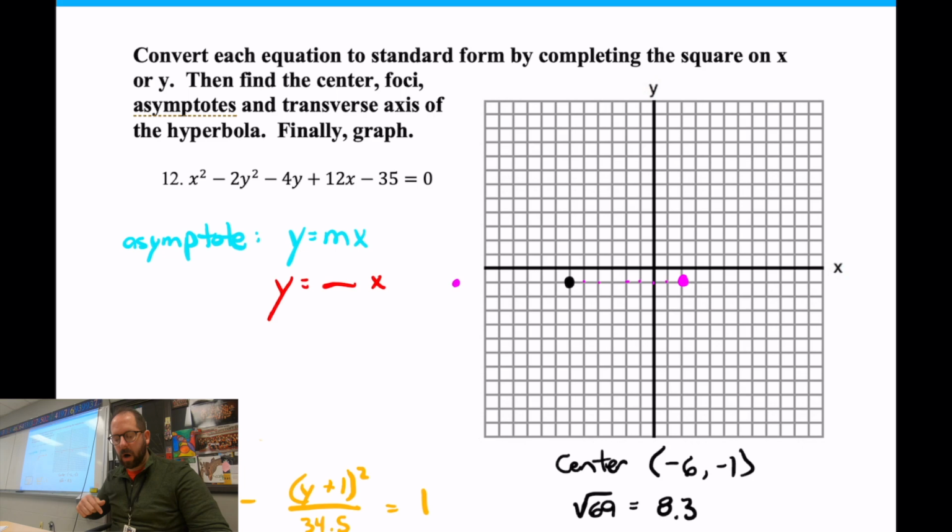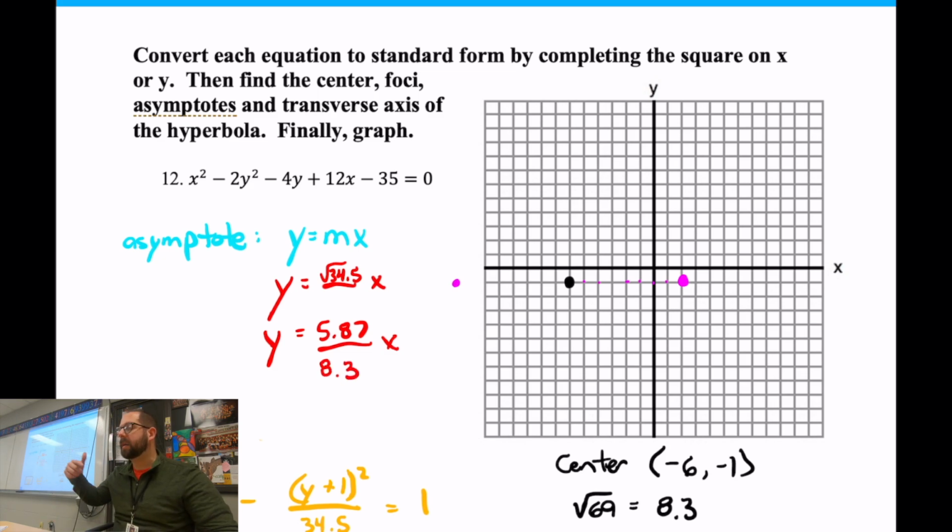So what's the number below y? 34.5, right? That's the number below y. That's the vertical. That's a rise number, so I have to take the square root of that number. The square root of 34.5 ends up being 5.87, right? And the square root of the 69, the number below x, is 8.3.